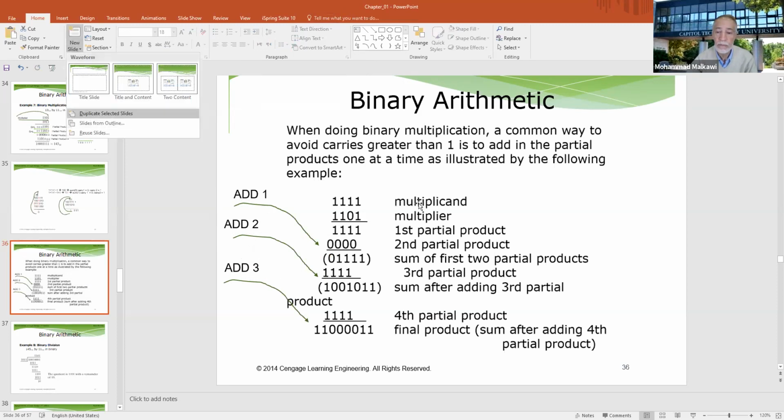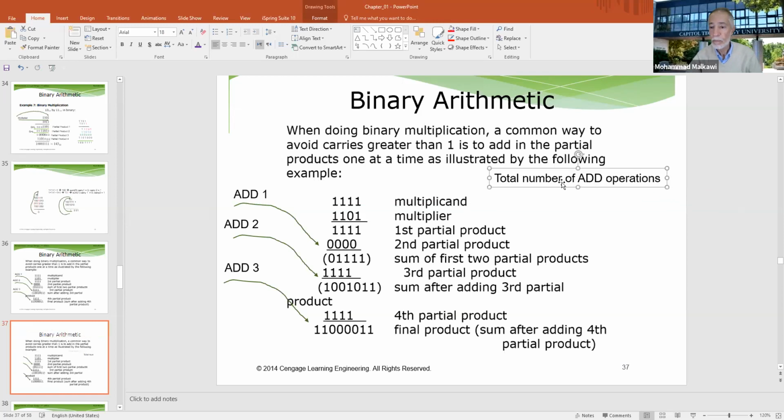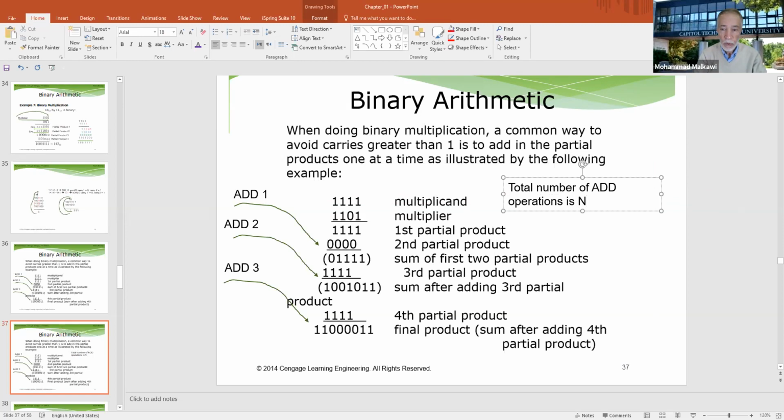I'll duplicate the slide and I will do: total number of add operations is n minus 1, where n is the number of multiplier bits, or actually we call it the size of the multiplier.